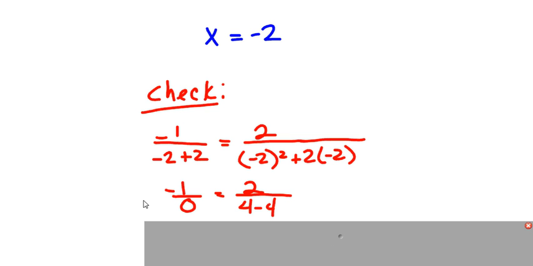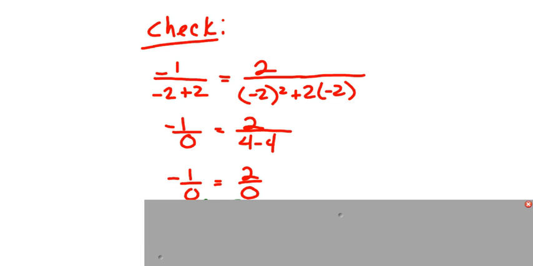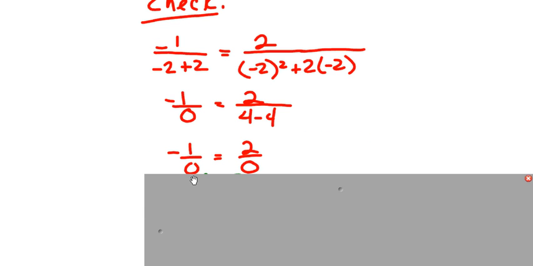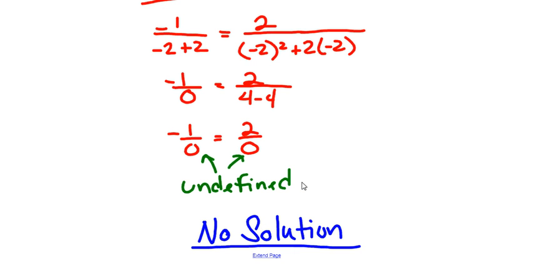You can see on the left-hand side we've got negative 1 divided by 0 equals 2 over 0. Well, we can see that they're not balanced, and also we know that we cannot take something and put it into 0 groups. Therefore, this would be an extraneous solution. It's giving us an undefined scenario, which cannot happen. So x equals negative 2 cannot work. So we're going to say no solution.